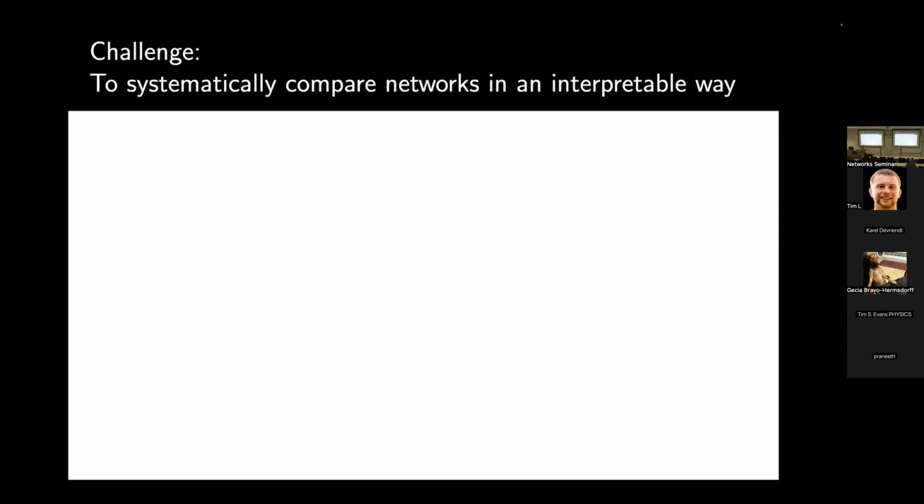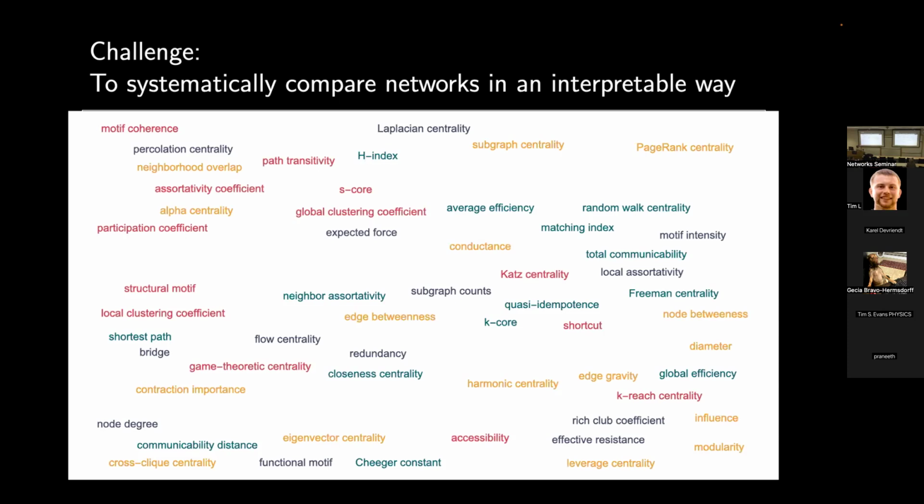That's actually the question that motivated this endeavor. Suppose I give you a bunch of networks, and your goal is to assess if they come from the same distribution, comparing them in a systematic way. How might you do that? There are plenty of statistics for networks, maybe even too many.